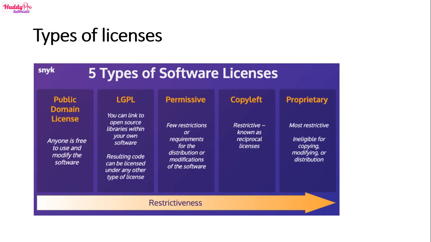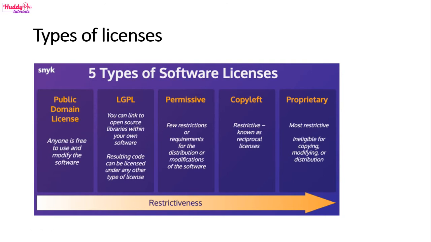Now when you link to those libraries, the resulting code that comes as a result, you are free to license it under any other type. So you can license the resulting code under public domain, under permissive, and so on. So that's what the Lesser General Public License is all about.